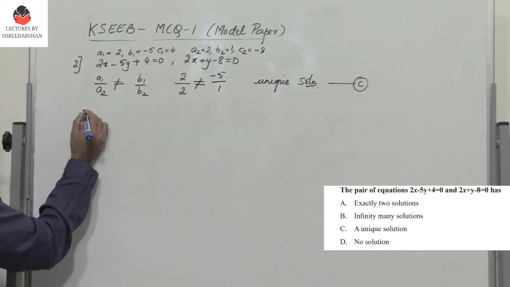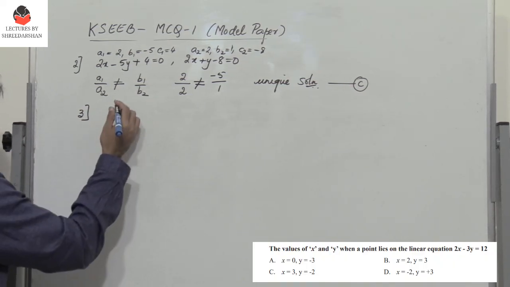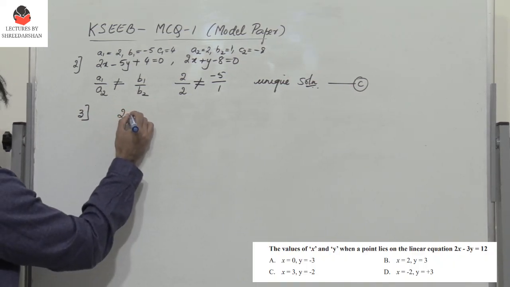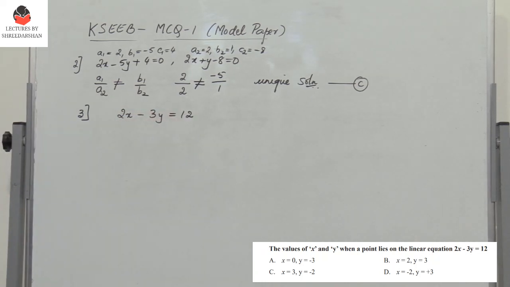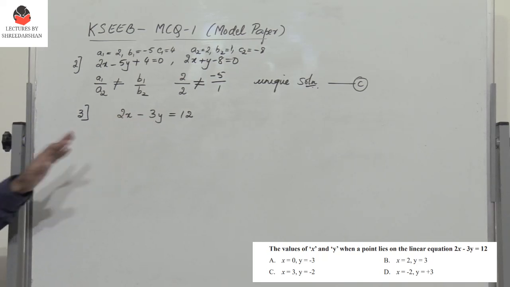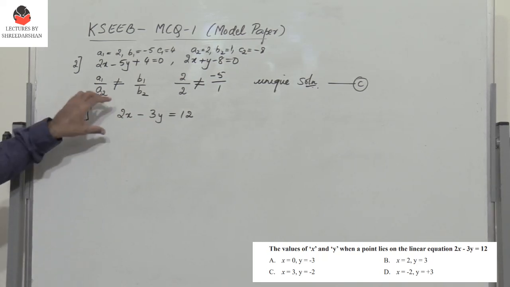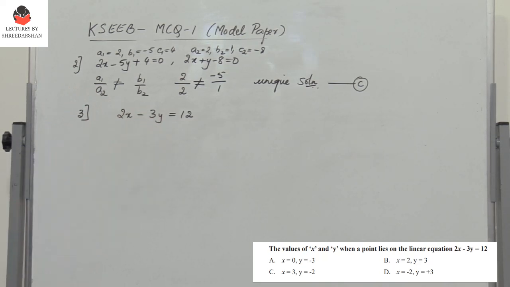The third one, find the value of x and y if the point lies on the linear equation 2x minus 3y equals 12. Very easy, we just have to find the values of x and y. Observe the values of x and y given, substitute them in this equation, and LHS should be equal to RHS.